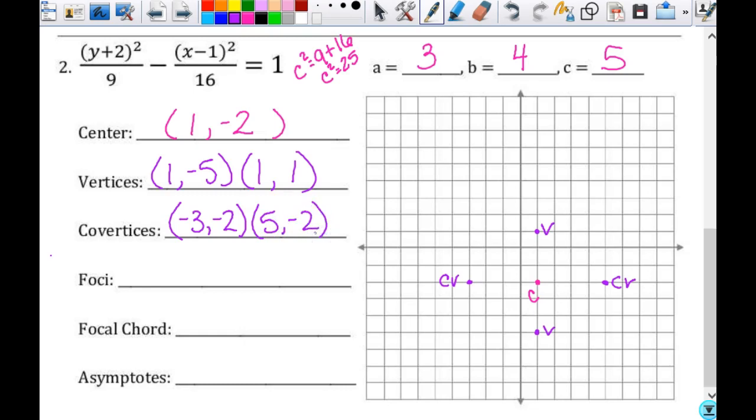They're my co-vertices. So even though it asked me for the asymptotes last, I'm going to go ahead and put my points in here and get my asymptotes drawn, because I need those before I draw the rest of it anyway, because that helps me with the curve.